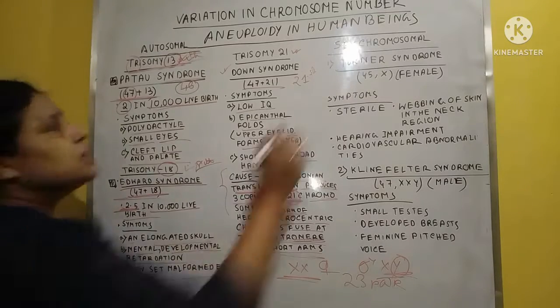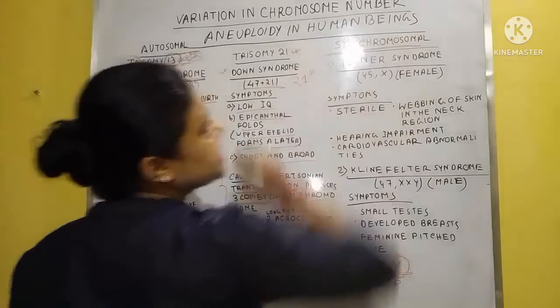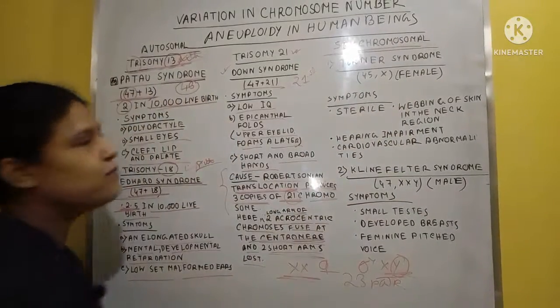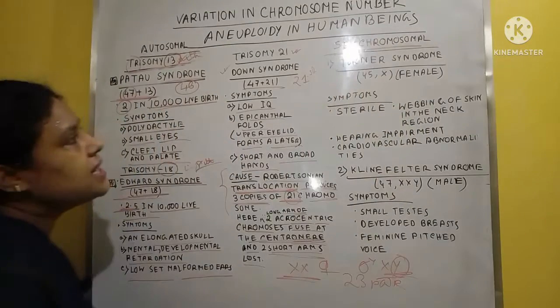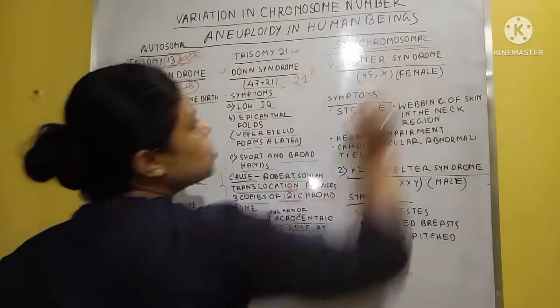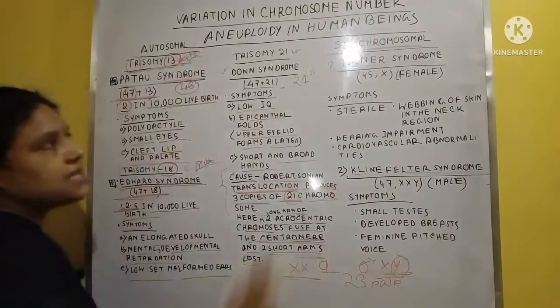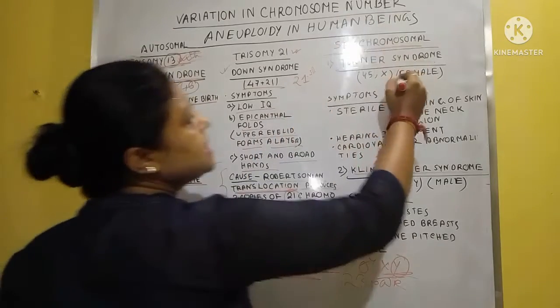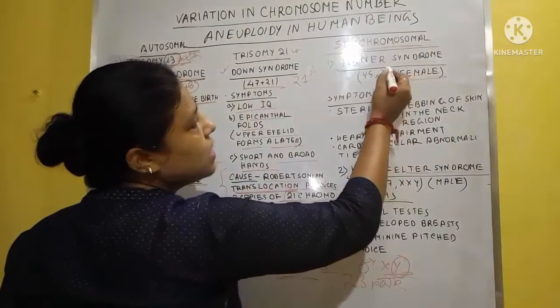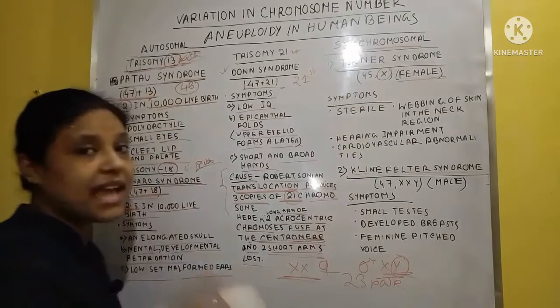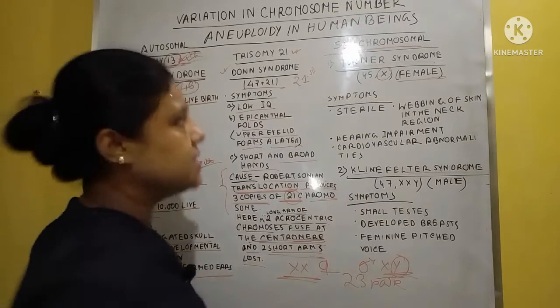Now we will go to the diseases created due to the loss of sex chromosomes. One disease is Turner syndrome and another disease is Klinefelter syndrome. Turner syndrome is generally seen in the female, where only one X chromosome is present and another X chromosome is absent.